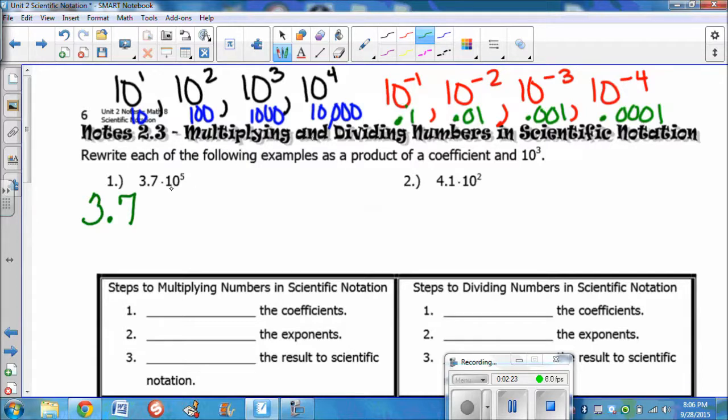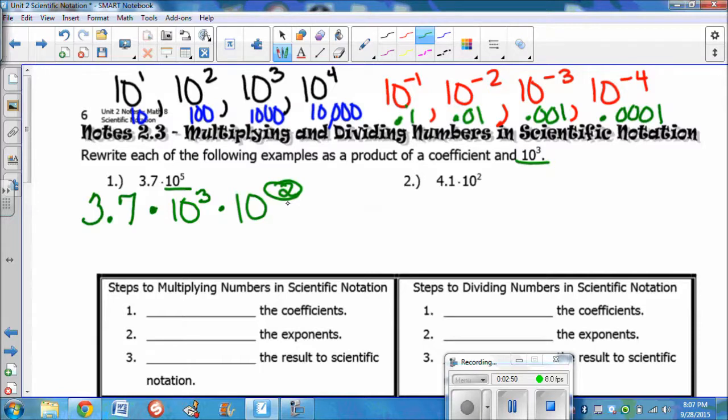Now I need to think about this 10 to the fifth power. If we need to incorporate that 10 to the third, then times 10 to what power? 3 plus what gives me 5? That would be 10 to the second power.